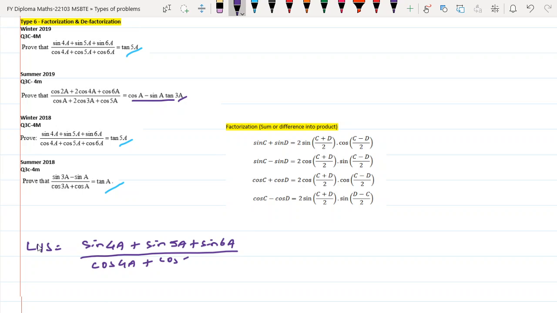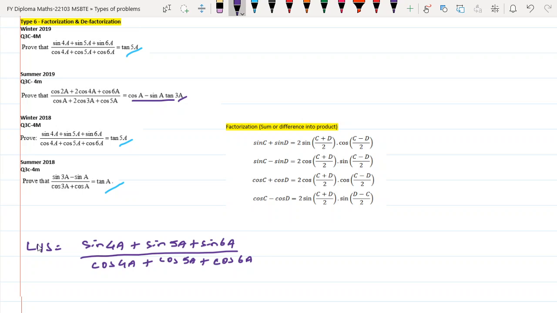Like I told you in the video when I was explaining the concept, in the case of factorization, you'll always find this pattern where you have these terms which are odd, even, mixed: 4, 5, 6. When you add two angles, somehow it will be even, so that you can apply this formula (C plus D) by 2 and it doesn't give you an odd multiple.